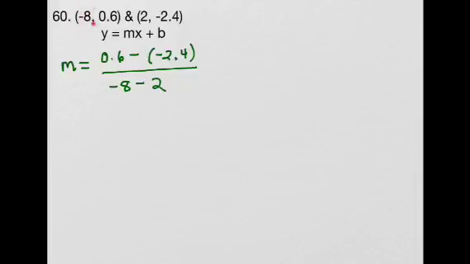So I have to start with negative 8, not 2. So 6/10 plus 2 4/10 is 3. And then negative 8 minus 2 is negative 10. Okay, so I could leave it like that, or I could change it to a decimal.